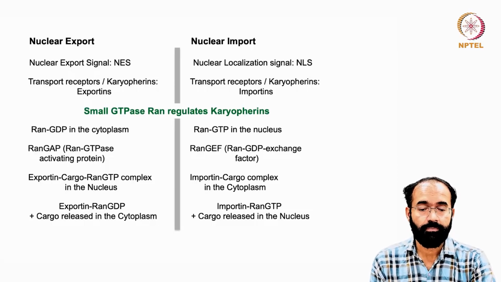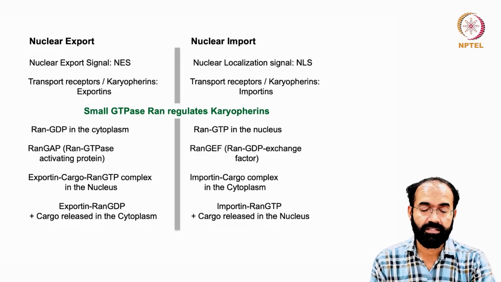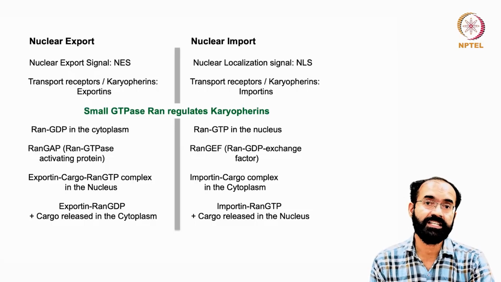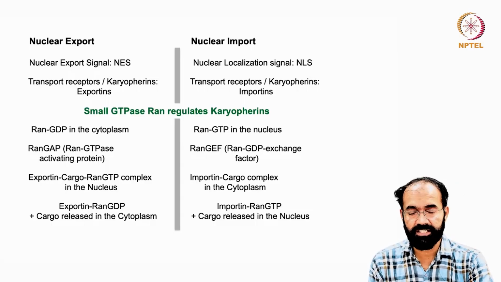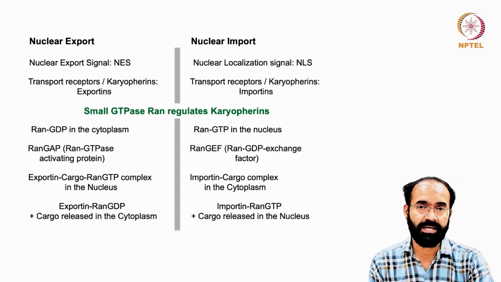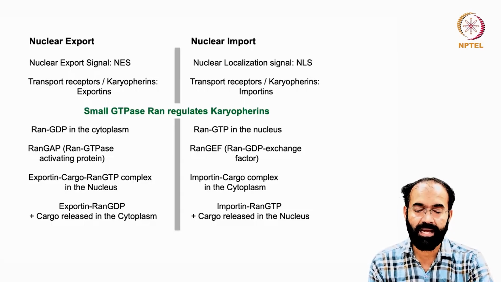For the nuclear import, just like the RAN GAP was helpful for activating the GTPase, there is another protein in the cytoplasm, that is RAN GEF. What does it indicate? RAN GDP exchange factor. So when RAN is associated with GDP, it needs the support of an exchange factor, somewhat similar to the GTPase activating protein GAP.